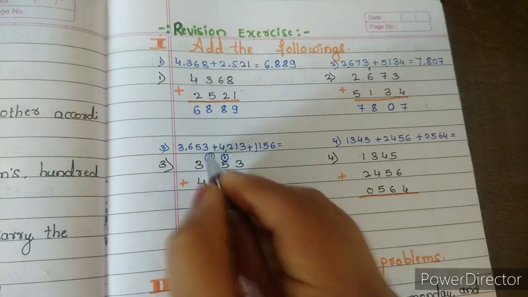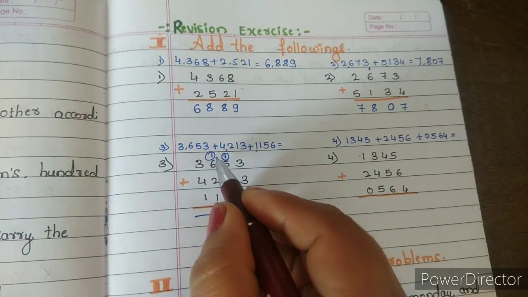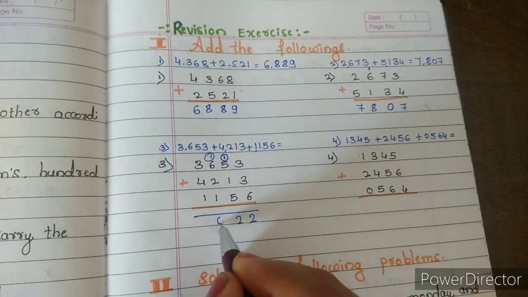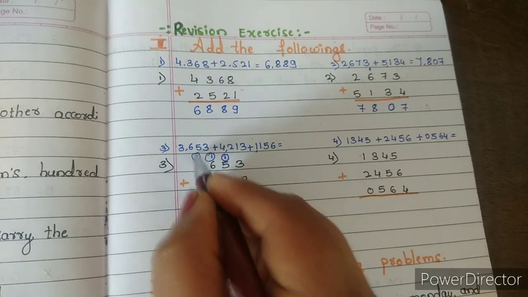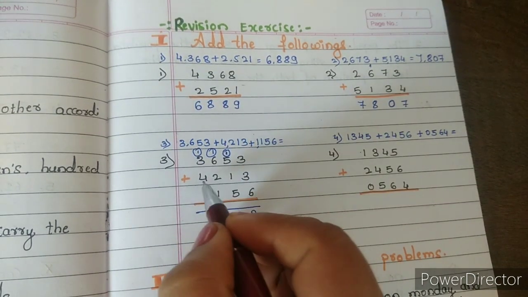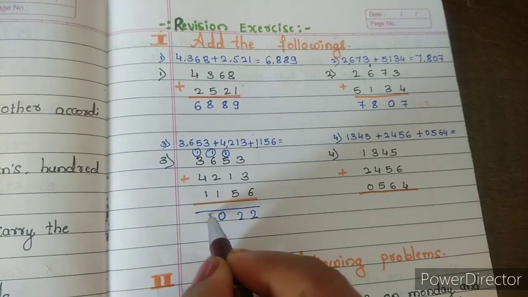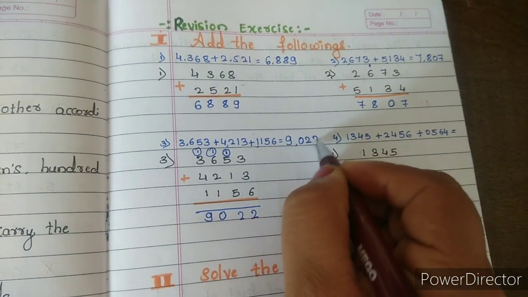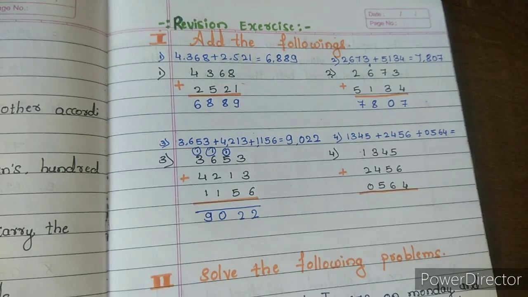Carry 1. 6 plus 1 is 7. 7 plus 2 is 9. 9 plus 1 is 10. Carry 1. 3 plus 1 is 4. 4 plus 4 is 8. 8 plus 1 is 9. Answer is what? 9022.